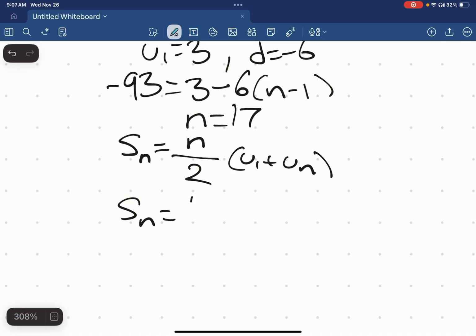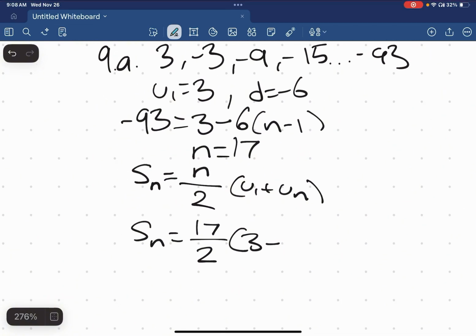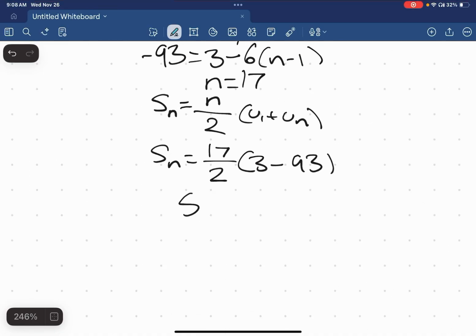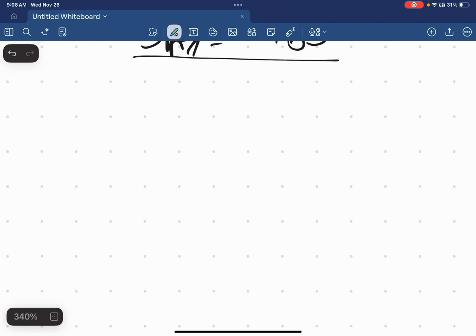The sum is going to be equal to 17 divided by 2 times (u1, which is 3, plus un, which is our 17th term, negative 93), so minus 93. So the sum of the first 17 terms is going to equal negative 765, just like that.